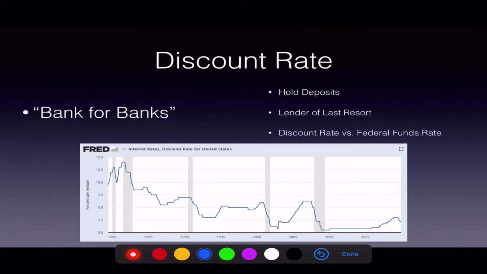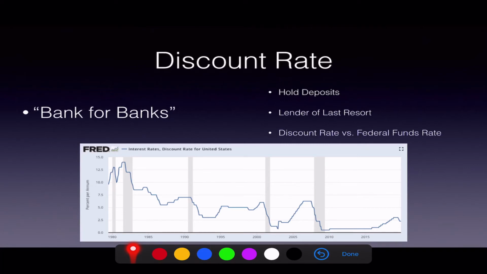The discount rate is one of the tools that the Federal Reserve uses in its capacity as a bank for banks. Remember that the Federal Reserve holds on to deposits for banks and also can act as a lender of last resort. That is to say that if a bank needs to borrow money, and they cannot find it from another bank, the Federal Reserve will loan them money.